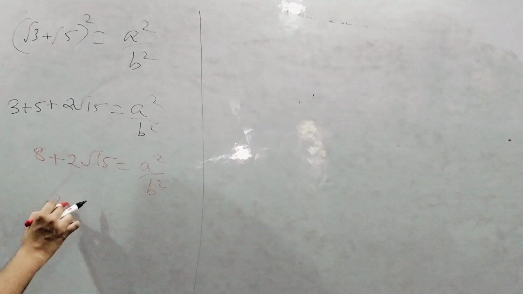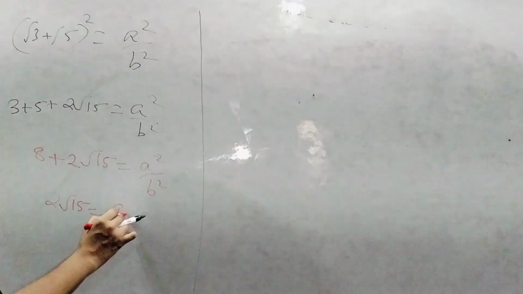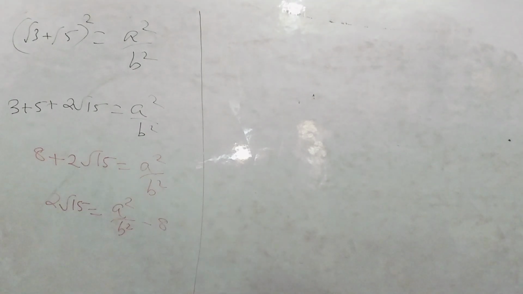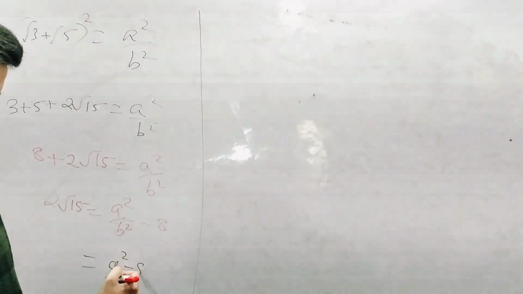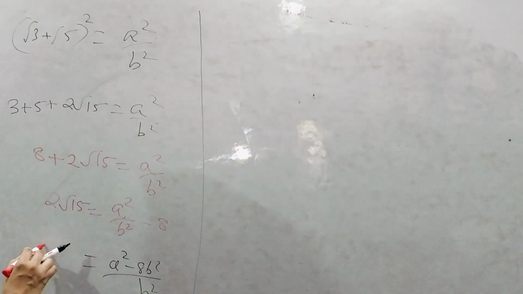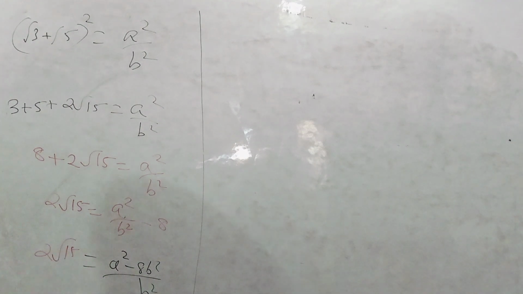So on rearranging it, we get a square upon b square minus 8, which becomes a square minus 8b square upon b square, equal to 2√15.